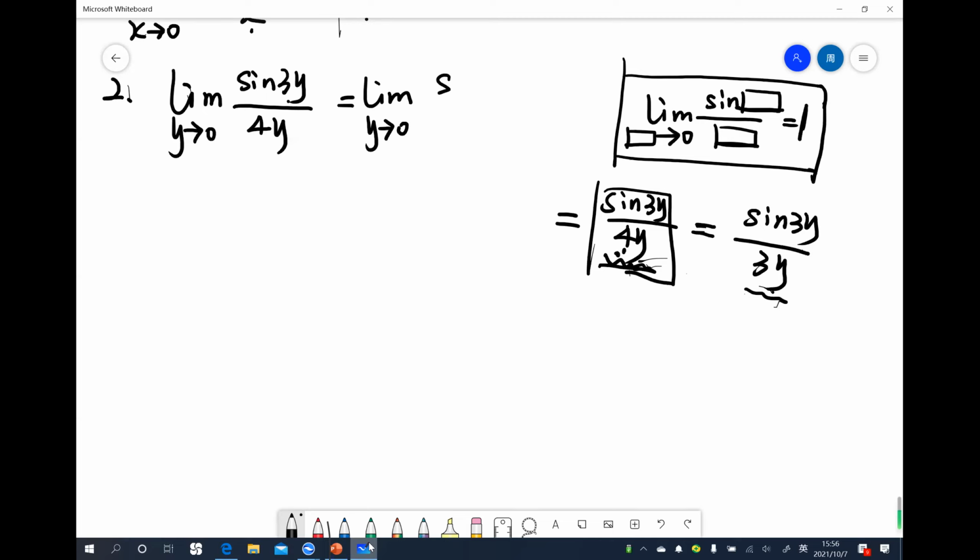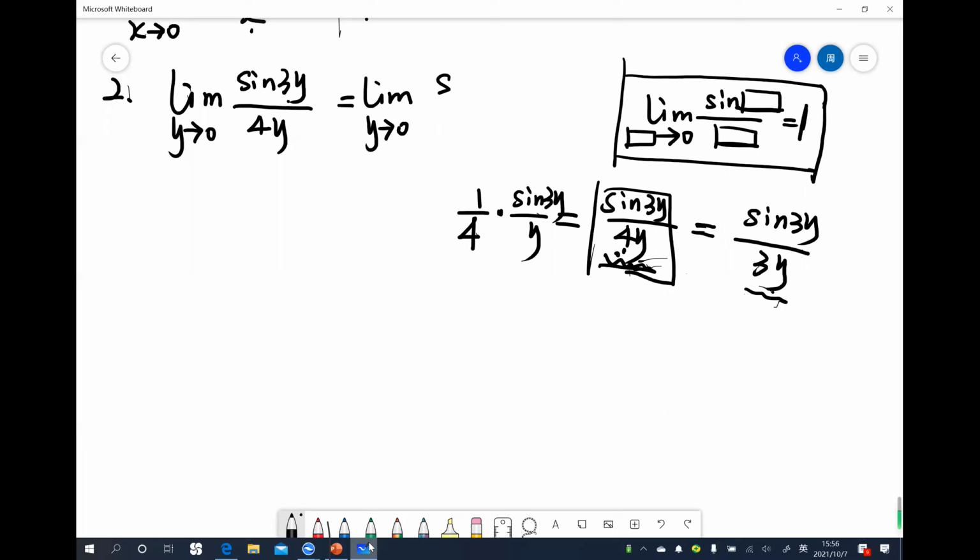So sine 3y by 4y can be written as 1 by 4 times sine 3y by y, right? I take 1 by 4 out.